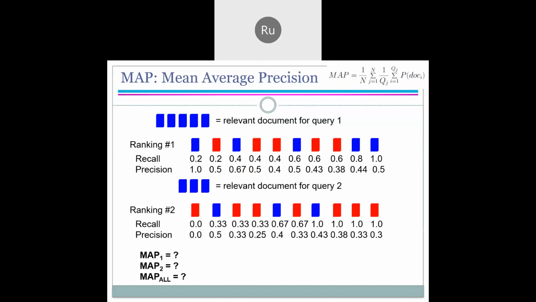So let me finish this one first. What is the MAP for query number 1? We just add up all of this and divide by the number of relevant documents. And for this one, we just add up all this, 0.5, 0.4 and 0.43, and divide by 3.